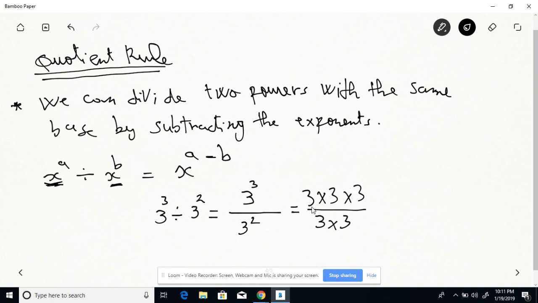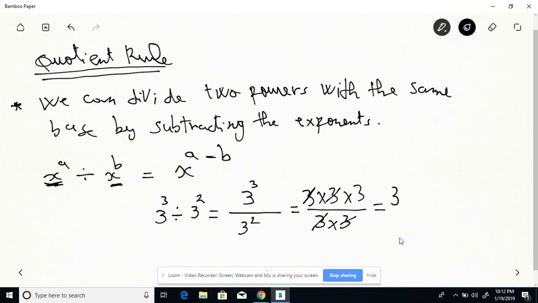If we divide two numbers with exponents, the numerator is the same as the denominator, so we take the two 3s, it's done, and we are left with 3.